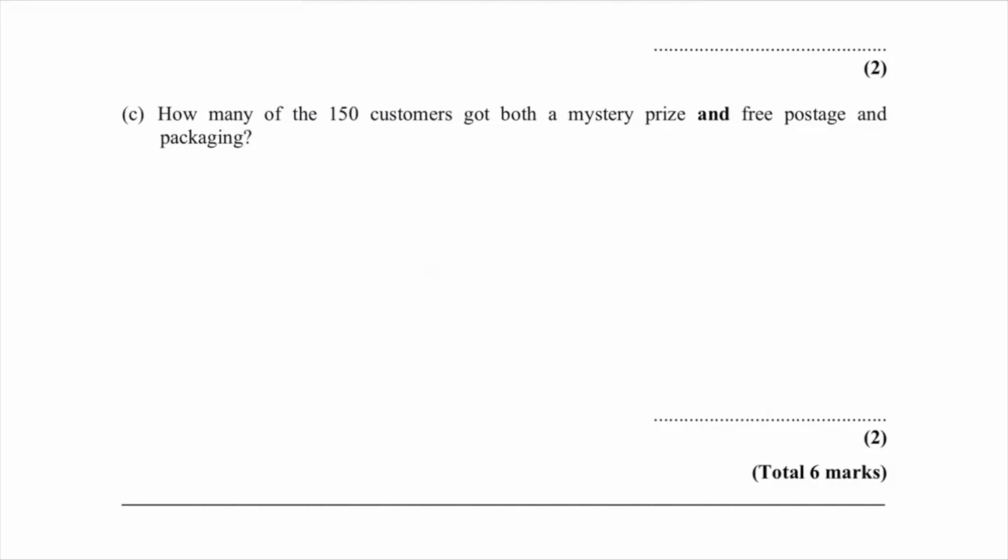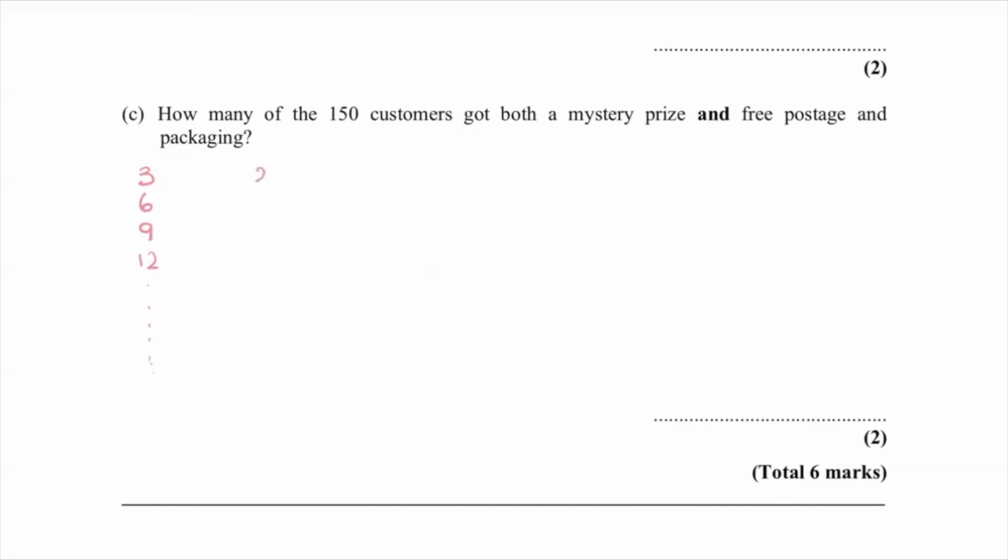So thinking about the mystery prize, if it's every 3, then the third person did, the 6th, the 9th, the 12th, and so on. Basically, the 3 times table are our people getting the mystery prize. What we want to do is consider that 3 times table at the same time as considering the 20 times table.